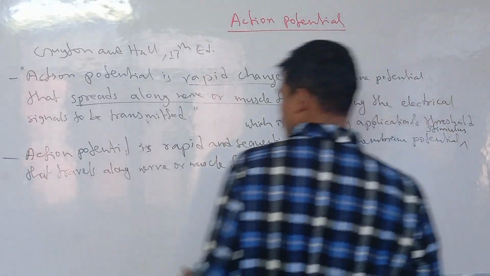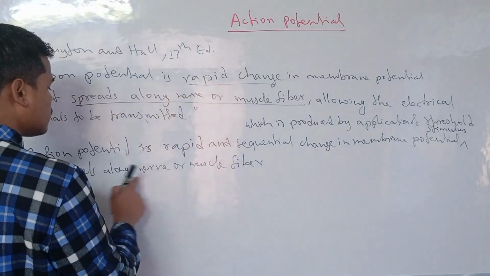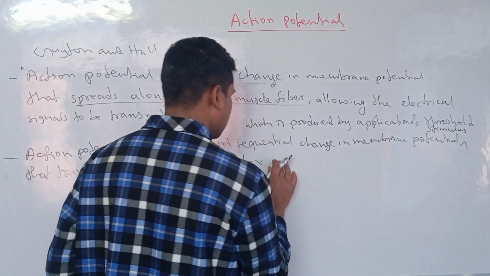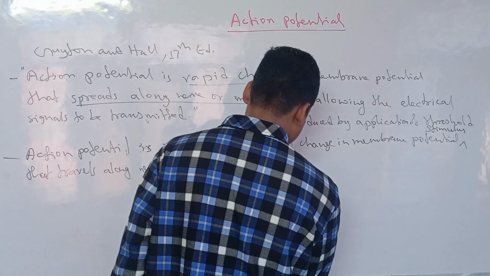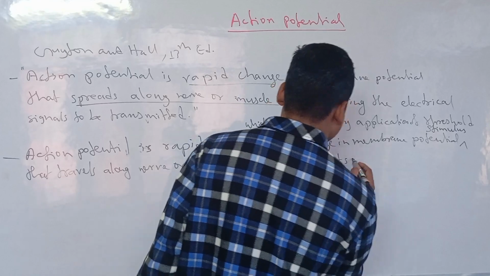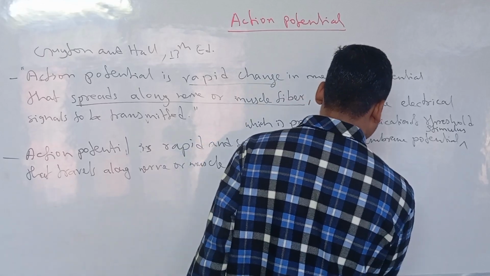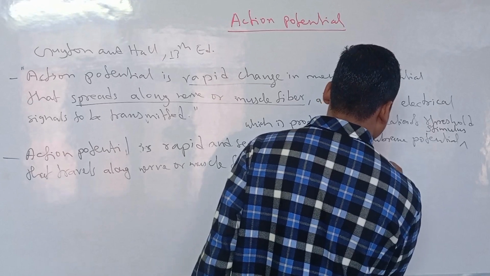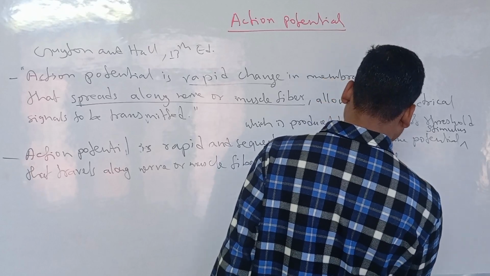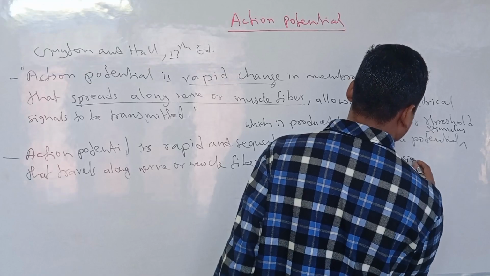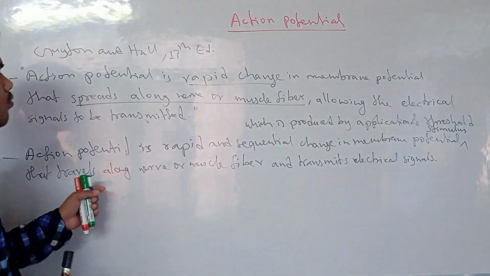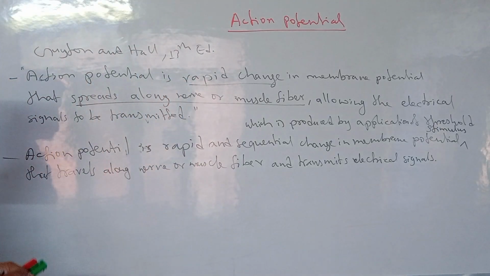A threshold stimulus produces a change that travels along nerve or muscle fiber and transmits electrical signals. This is more comprehensive and more collective.